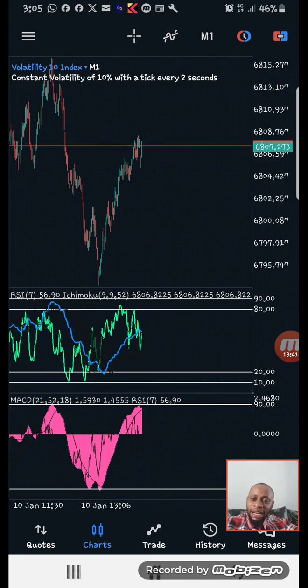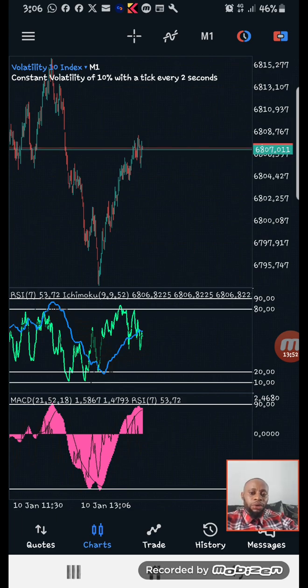The second indicator that should give you additional confirmation to support the MACD is either the Ichimoku in the indicator window 1, or the RSI. The Ichimoku line is the blue line, the RSI line is the green line.